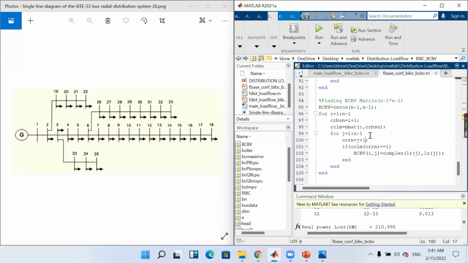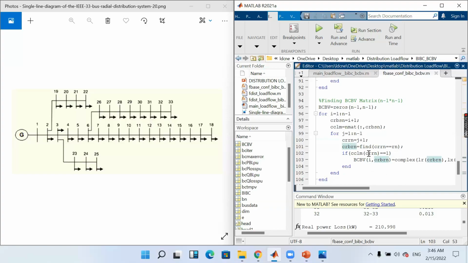As we have already discussed, this bus we have to consider as the receiving bus, and after that, current receiving node equals j plus 1, and we have to find the branches associated with that receiving bus, which can be found easily using this one.